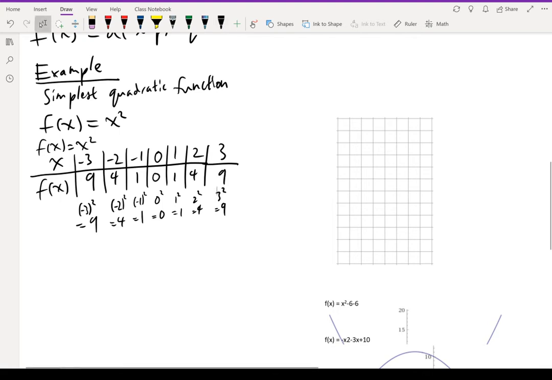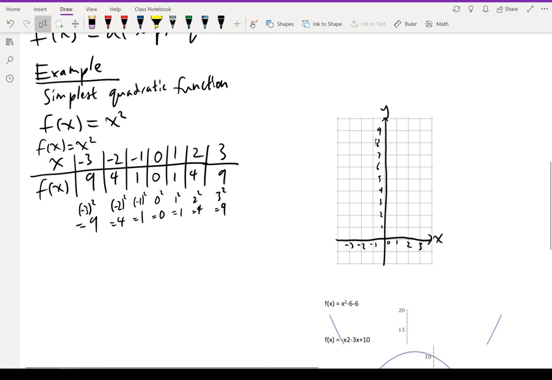Now, if we're going to plot this in our xy coordinate plane, let me quickly roughly sketch out a coordinate plane. We have y, we have x, we have 0 in the middle, and this is 1, 2, 3, -1, -2, -3, and then we have 1, 2, 3, 4, 5, 6, 7, 8, and 9 coming up here.